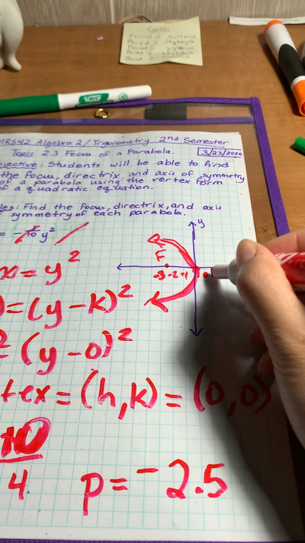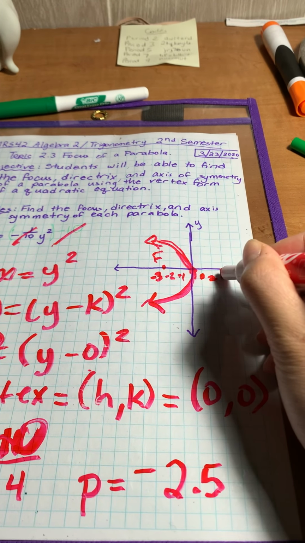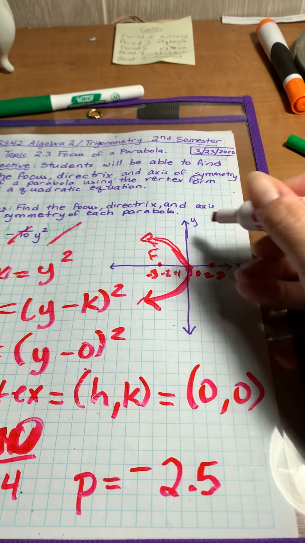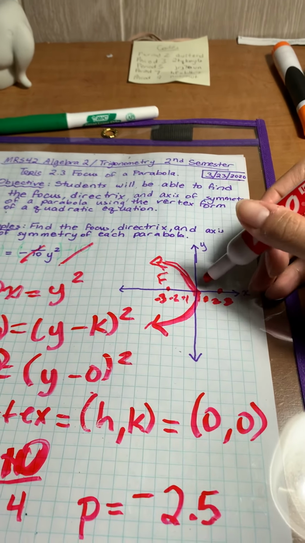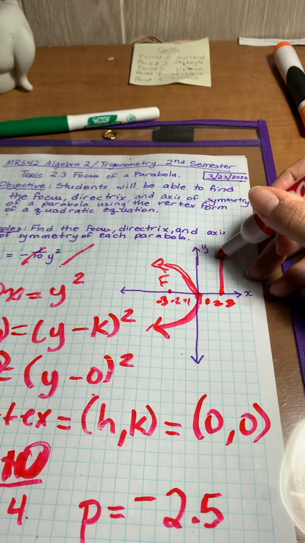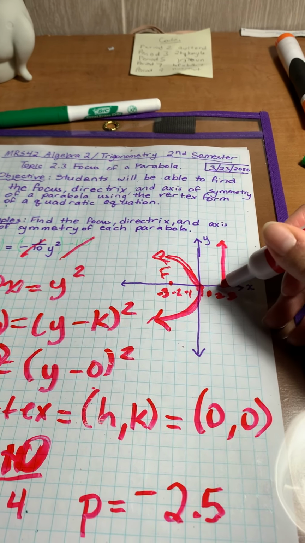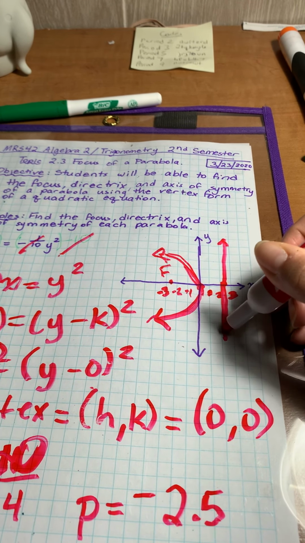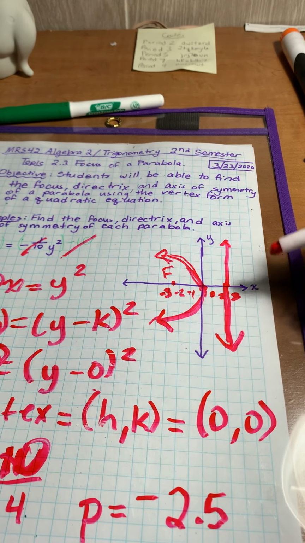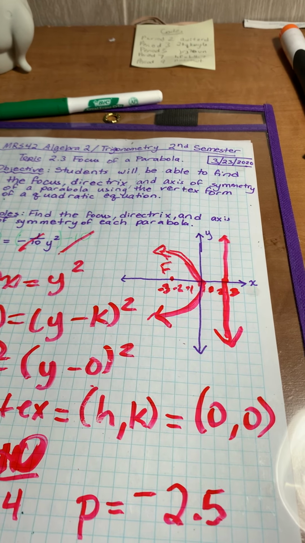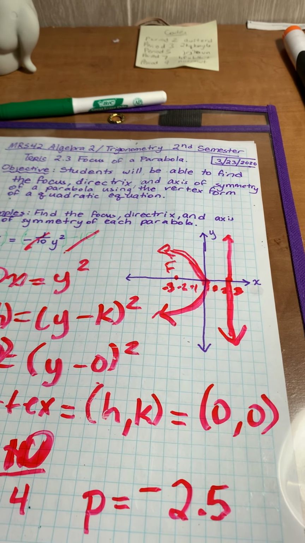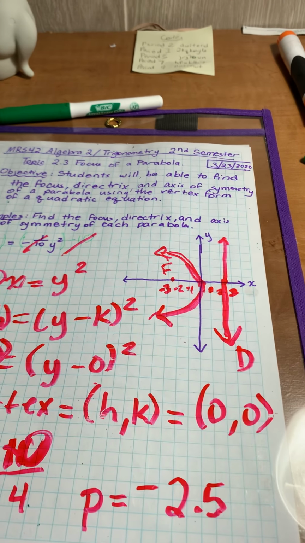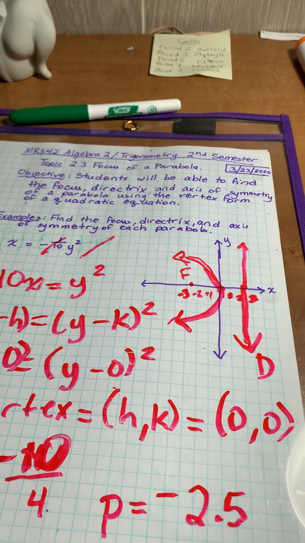So 1, 2, 3, and it should be about here, between the 2 and the 3. And I just want to make a line because my directrix is always a line. All right, cool. So I got my directrix, got everything. That's my directrix.